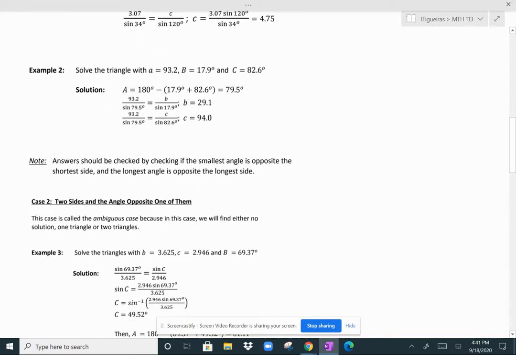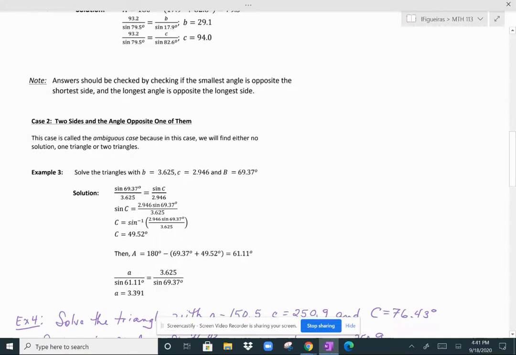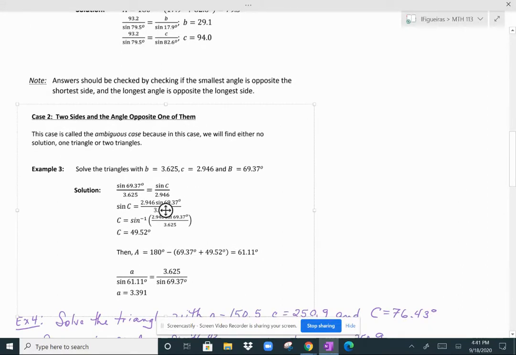Case 2. So in case 2, you are given two sides and the angle opposite of one of those sides. This case is called the ambiguous case. And the reason why it's called that is because it is possible, in the case where you're given two sides and the angle opposite of them, to either find no solution to your triangle, meaning the three parts don't actually connect, so it's not a possible triangle by the given information, one answer, one triangle, or the possibility that the given information can result in two triangles.